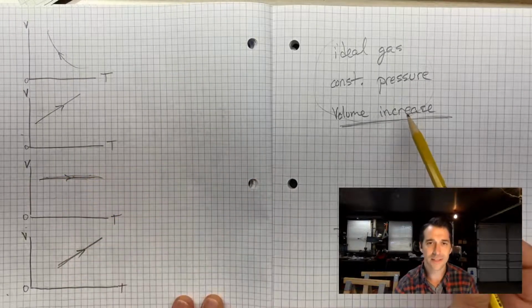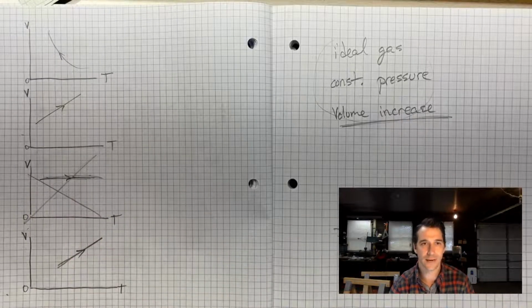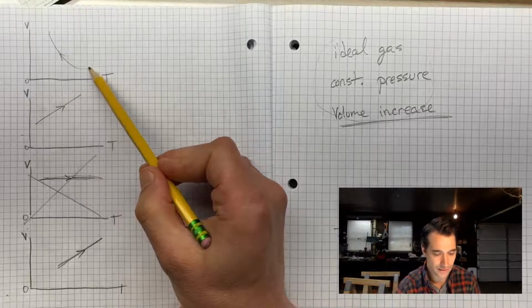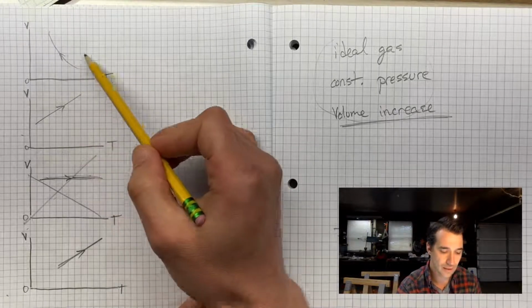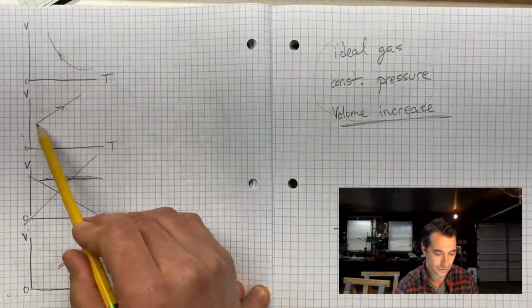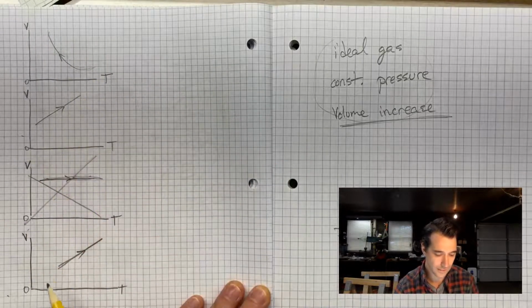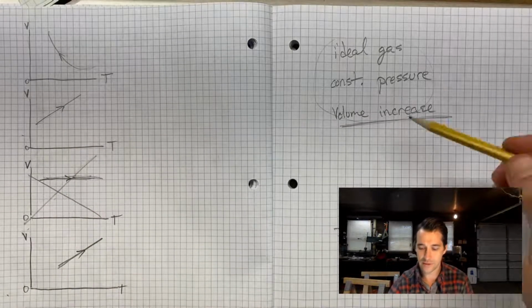That doesn't make sense. That's not a good choice. It's out. All right, let's look at these other ones. This graph, we start down here and we curve up. Yeah, that's an increase in volume. Here, we're starting here, going up. Yep, increase in volume. Here, up, increase in volume. Okay, all of those are increases in volume.